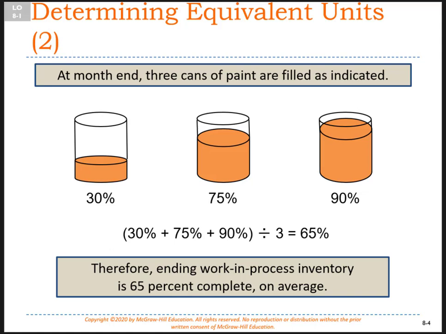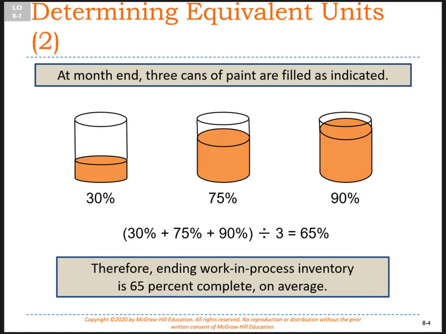How much of the labor and overhead has been added in terms of where we are in the process, so we can compare that to the work it would take to complete an entire unit and have it all the way done? And this comes up because we're going to freeze it at the end of the month when stuff is partially done.